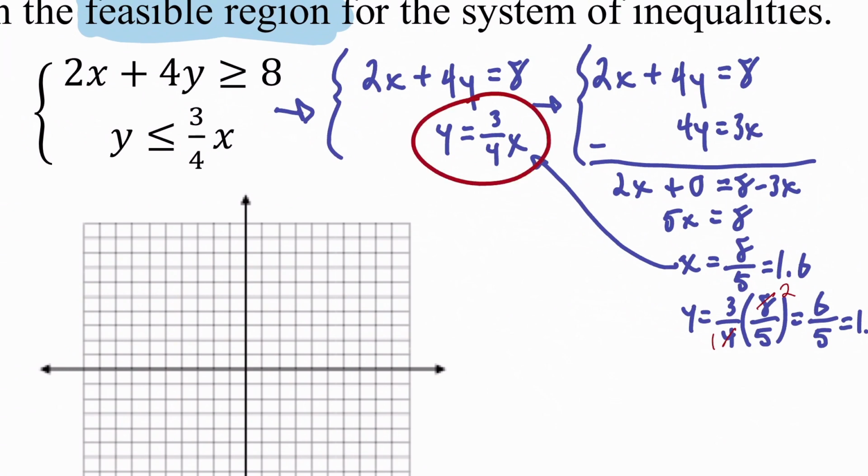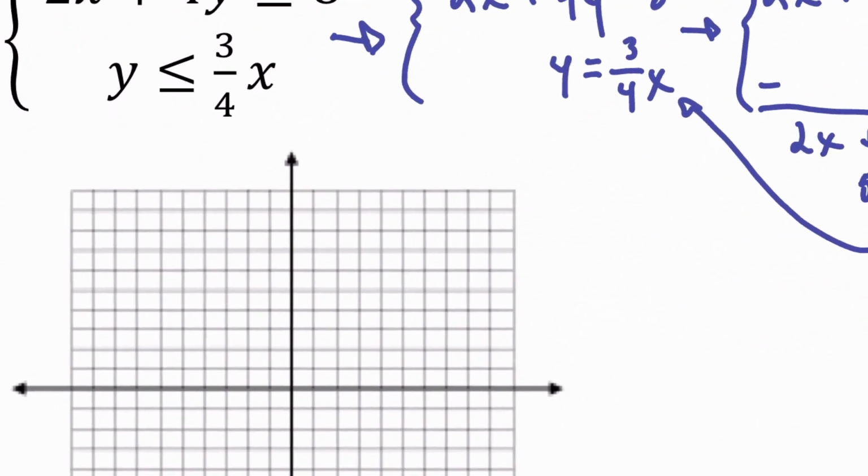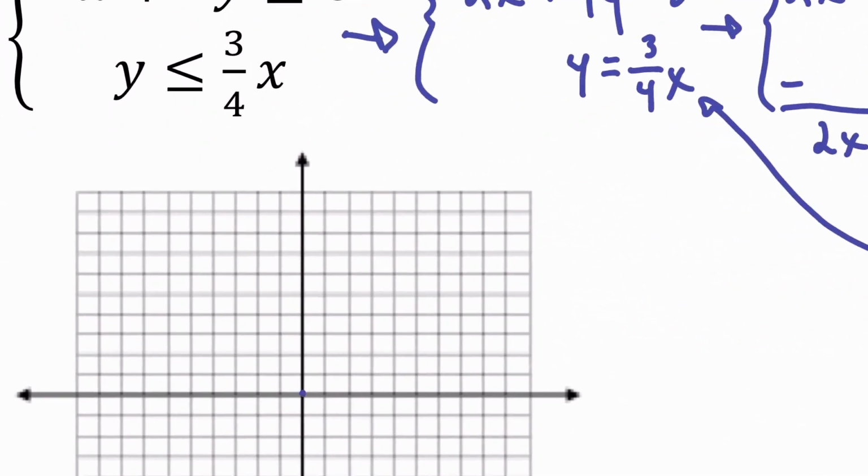The y-intercept is 0. The slope is 3/4, the rise over 1 is 3 over 4. I'm going to graph that one in blue. One of the points is the origin, and then the slope is 3 over 4, so that's right there. The line will be something like this.